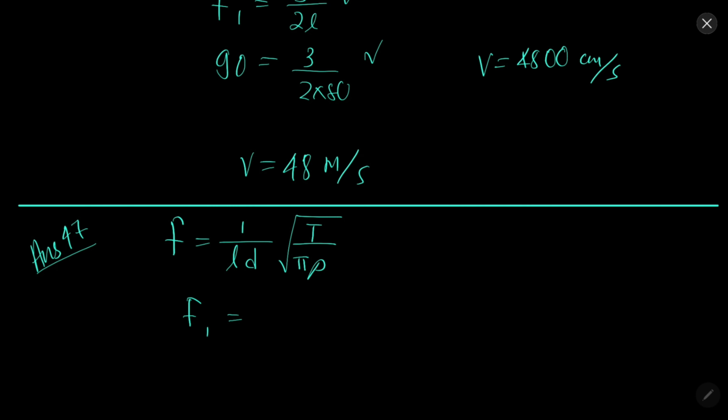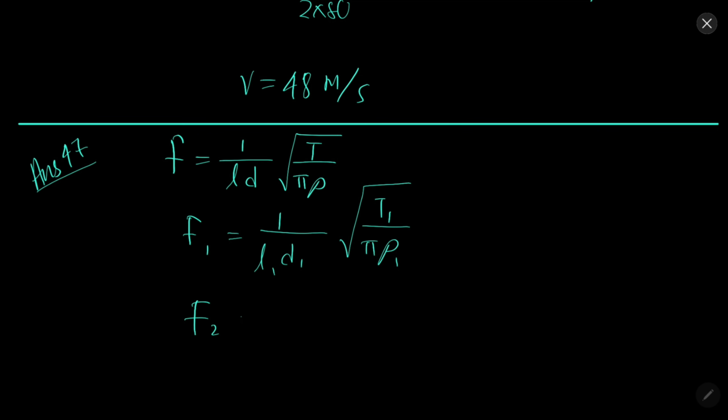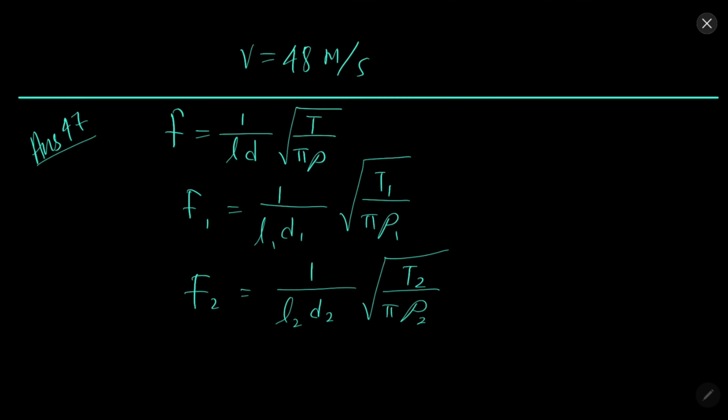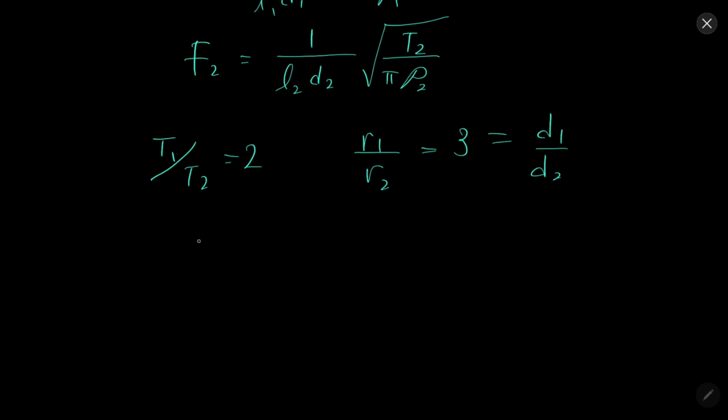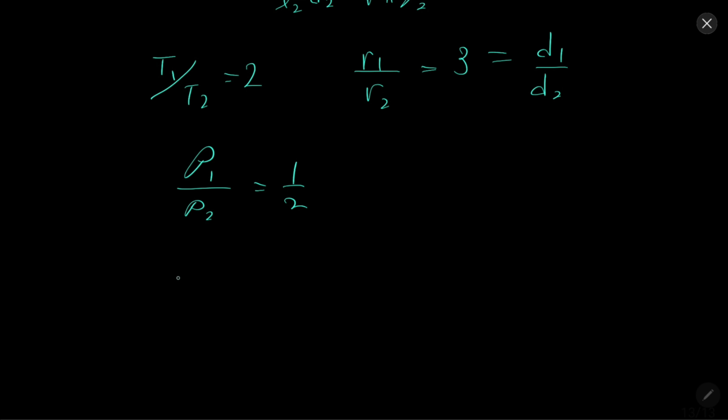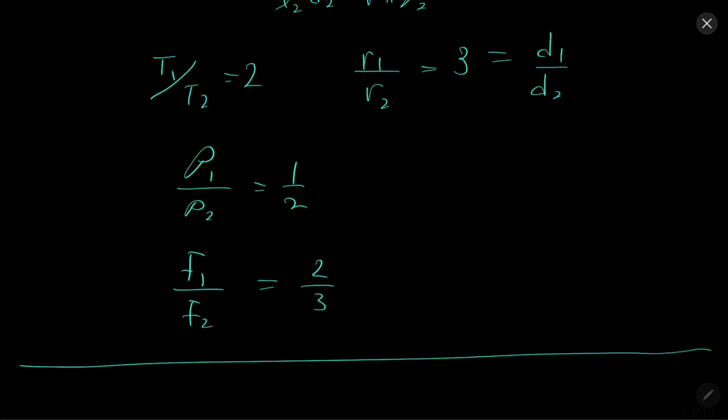So F1 will be 1 over L1 d1 root T1 over pi rho 1, and F2 will be 1 over L2 d2 root T2 over pi rho 2. So T1 over T2 equal to 2, R1 over R2 equal to 3, which is equal to d1 over d2. So rho 1 over rho 2 will be 1 by 2. So ultimately F1 over F2 will come out to be 2 by 3 when we put all the values.